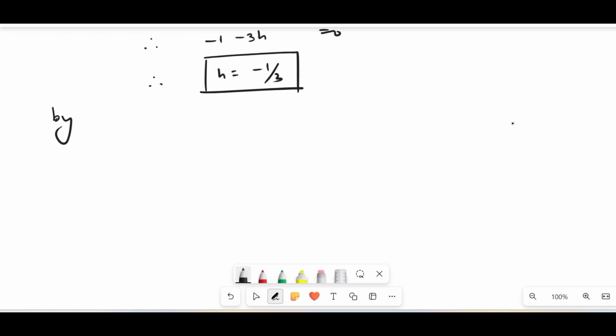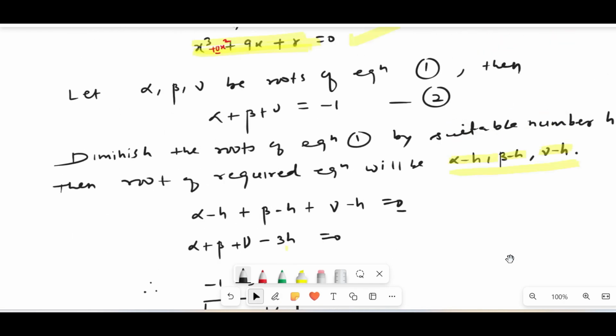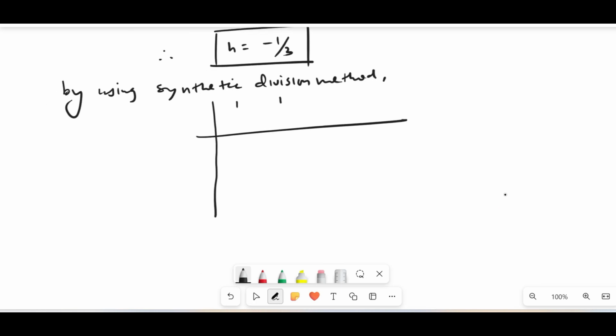So by using the synthetic division method, we can write all the coefficients, that is 1, 1, negative 16 and plus 20. Here we take negative 1 by 3. Here that is 1 and negative 1 by 3.